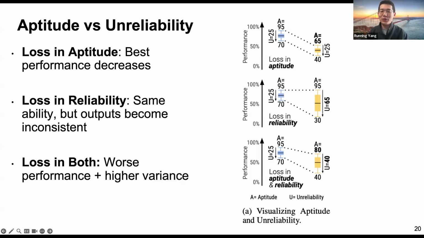This figure shows that the loss in aptitude is not that much compared to the loss in unreliability, which means in multi-turn settings, the model still has good ability to solve the task, but the issue is they're not consistent, so they vary a lot. So this is the issue.